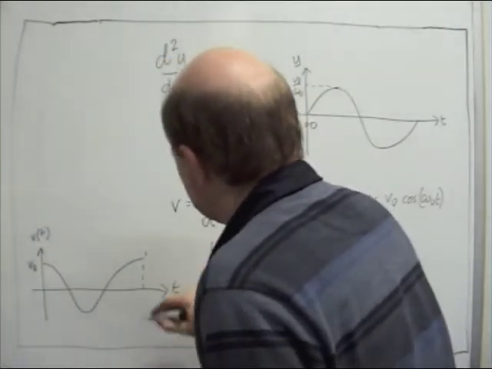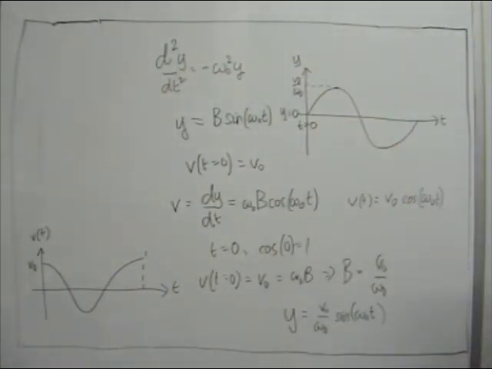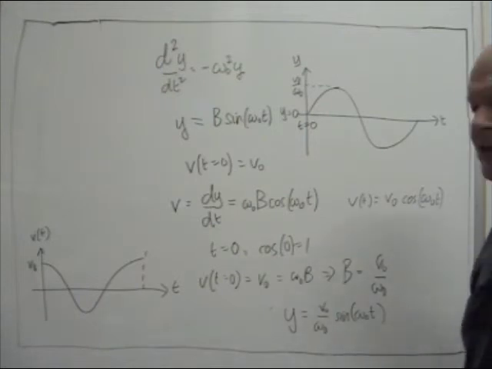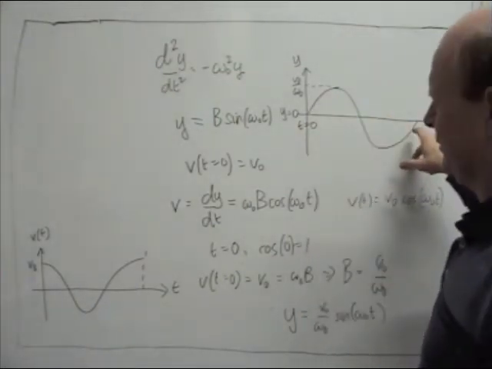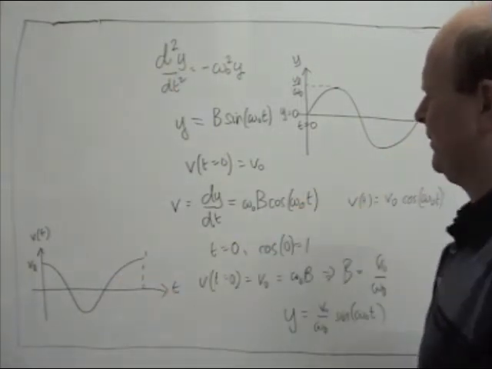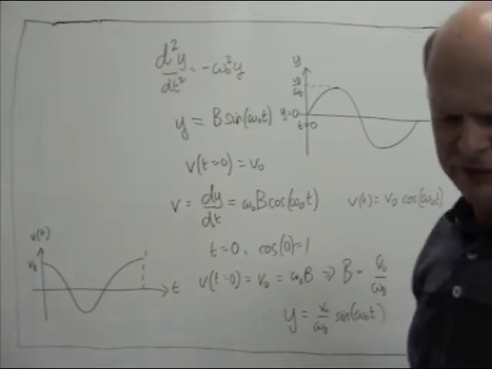Okay? And so if the initial position is 0 and it's got a velocity kick, then the position as a function of time takes the form of a sine wave, and the velocity as a function of time takes the form of a cosine wave. And so that's kind of interesting.